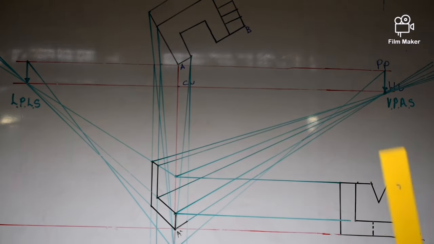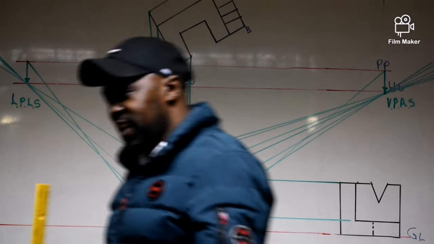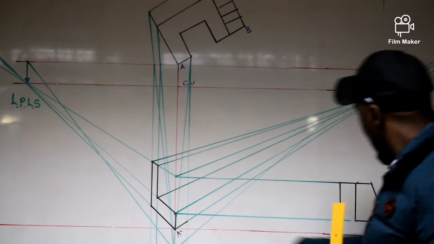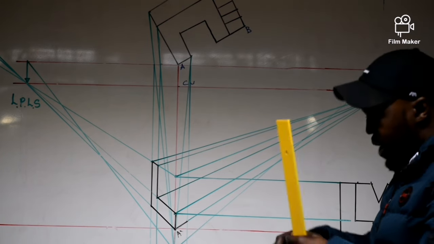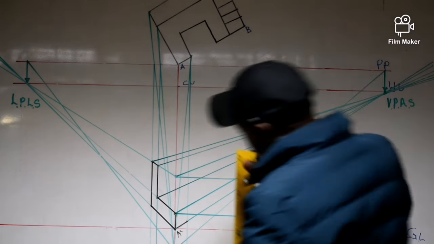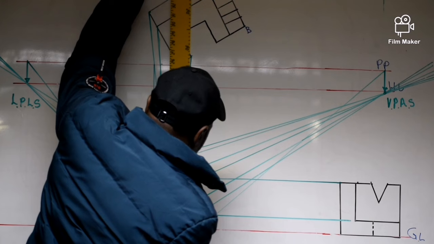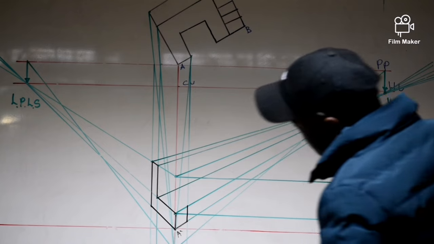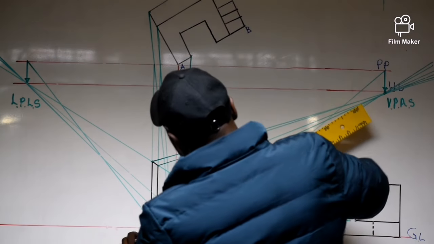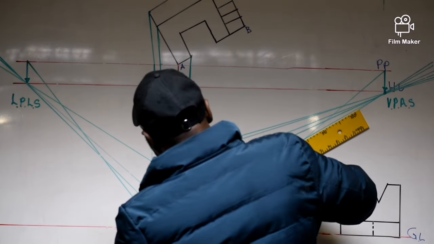I don't know why most of the people don't like it. You understand? So now, let's go up. Dark from here till there. You have those points, right? Dark like this. And dark like this.